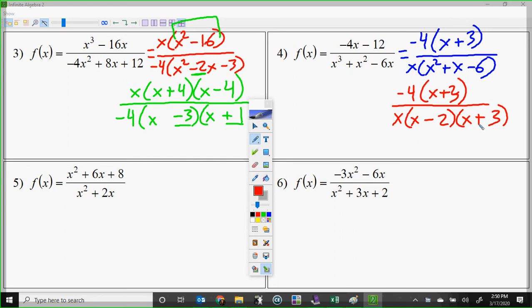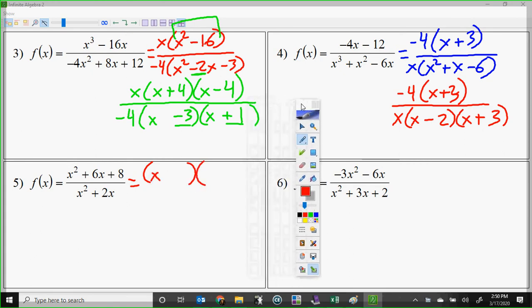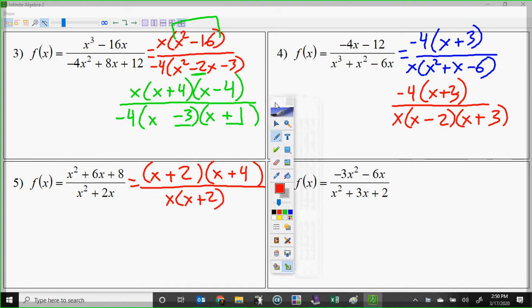Over here, I can factor this into 2 times 4 makes 8, and 2 and 4 also add to make 6. Here I can factor an x out, giving me x plus 2, and that's all I can do with that one.